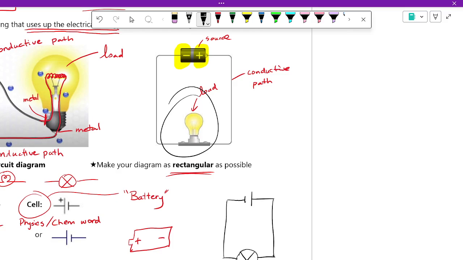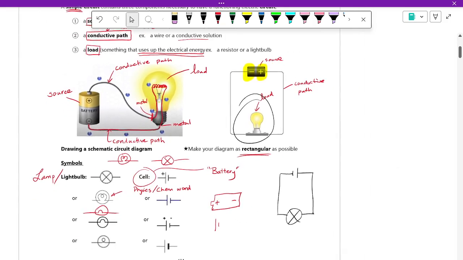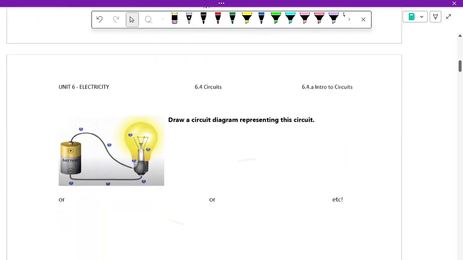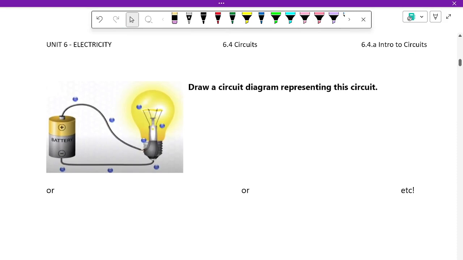You have a question? No, okay. Simple little circuit diagram, easy enough. Make it rectangular, use the symbols. Now, interestingly, we could take this thing and we could say, okay, here I have a positive on the top, I have a negative on the bottom, and I could draw it like this.